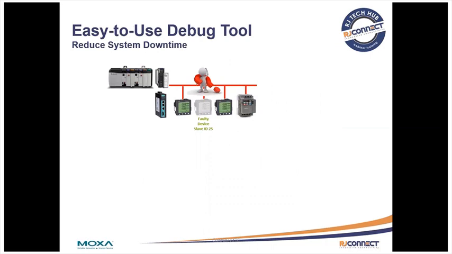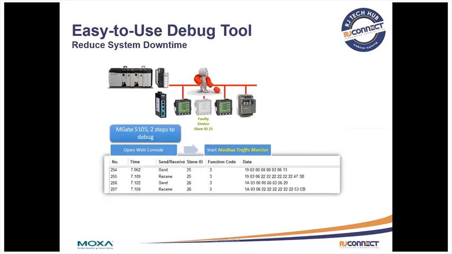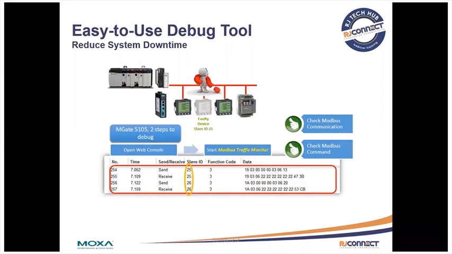Another benefit of using the MGate is the easy-to-use debug tools to reduce system downtime. So with the MGate 5105, it takes 2 steps to debug. We open the web console and we start our Modbus traffic monitoring, where we'll be able to check our Modbus communication and check whether our Modbus commands get sent and received by our slave devices.